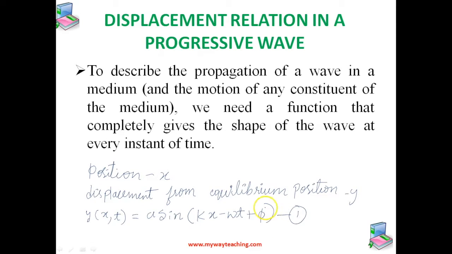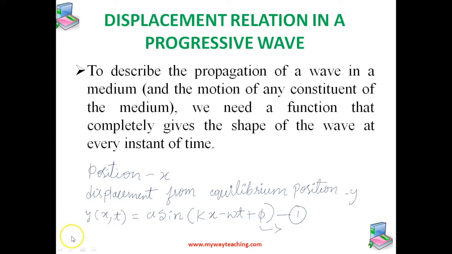Here the term φ in the argument of the sine function means equivalently that we are considering a linear combination of sine and cosine functions.